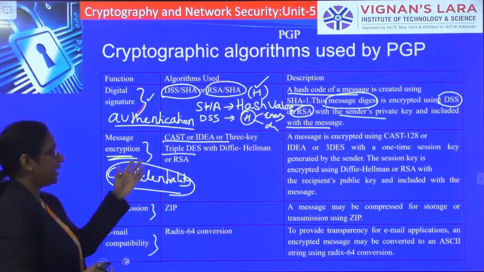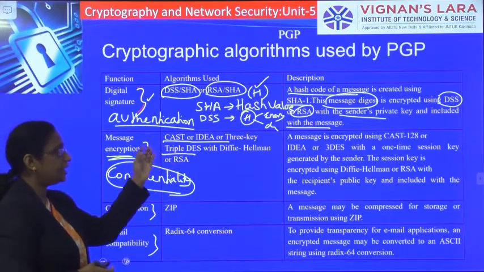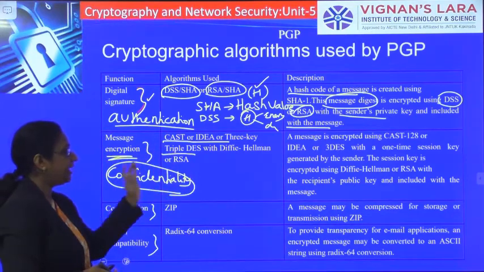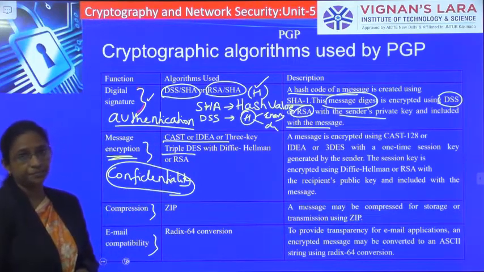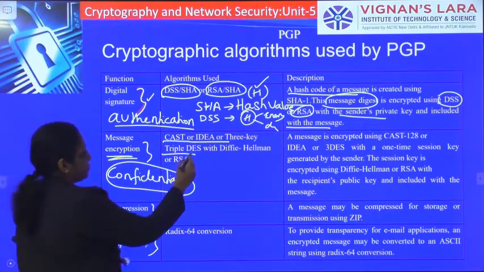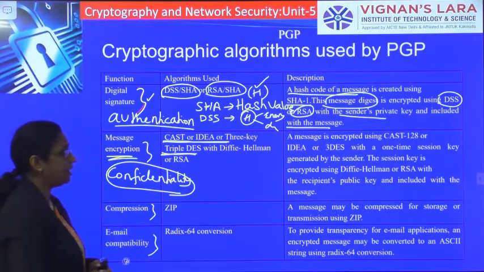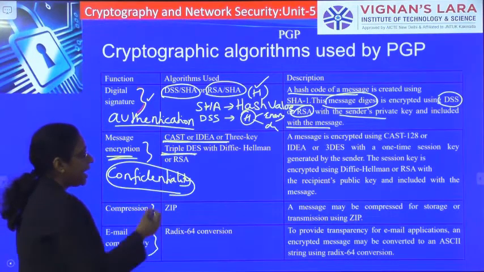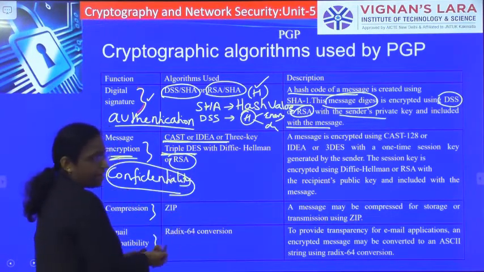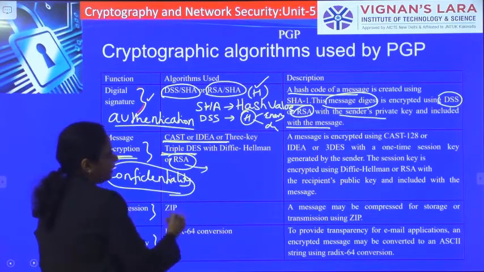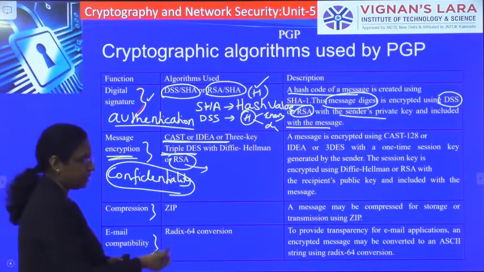You can use either CAST, IDEA, or triple DES with Diffie-Hellman or RSA. This is the encryption process. CAST, IDEA, or triple DES are the encryption algorithms, and the RSA is for encrypting the session key.